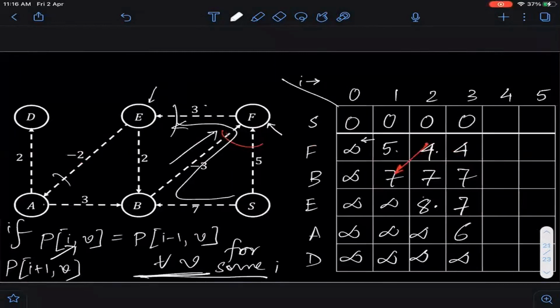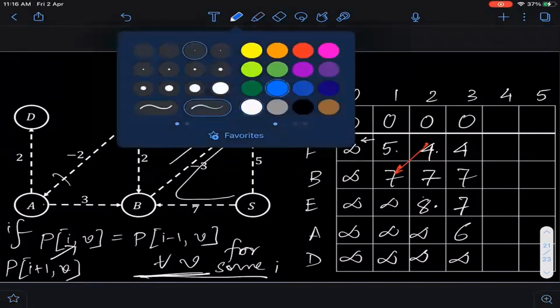So instead of keeping a 2-dimensional array, you just keep 2 unidimensional arrays. Okay. So one that will keep the current value and one that will keep the previous value. In fact, I think even 2 is not required. Even 1 is sufficient. Okay. But the idea essentially is that you just need to maintain.